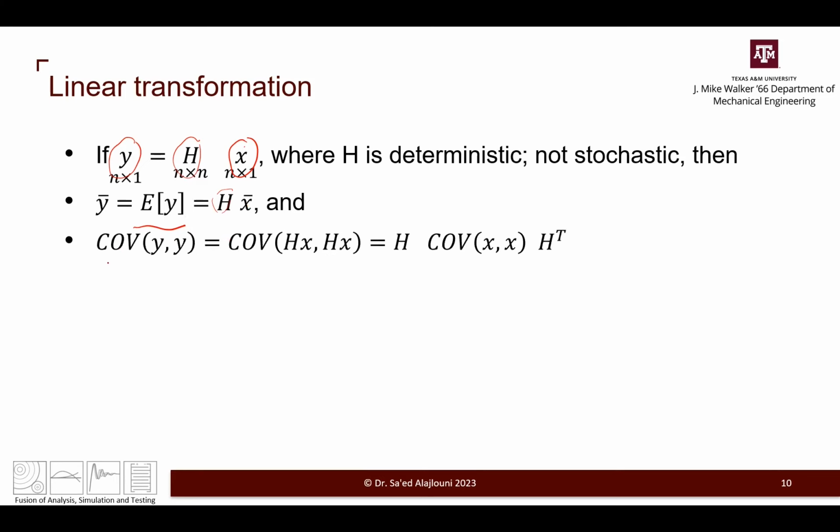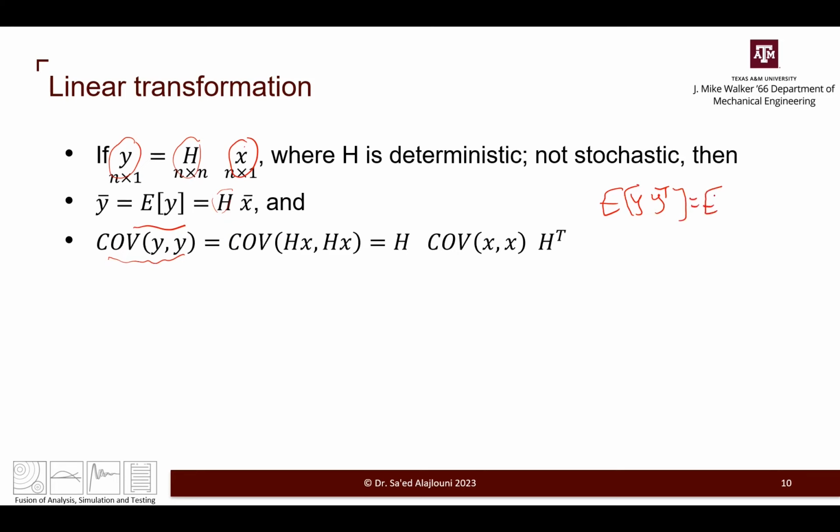And the covariance is going to be the expected value of y minus its mean times y minus its mean transposed.